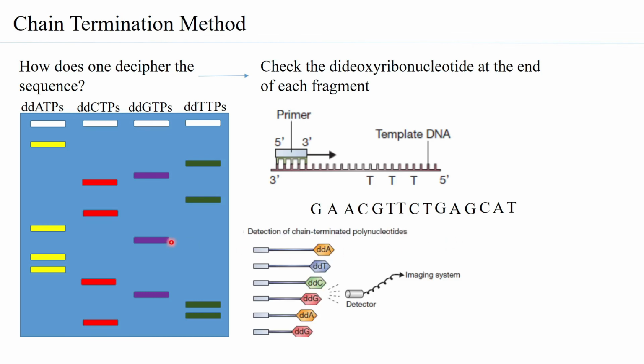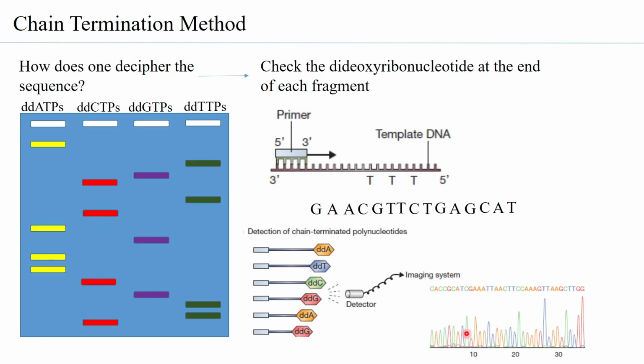Now, when one uses an automated system like mentioned, each of the dideoxyribonucleotides can be attached to a fluorescent tag. For example, A is orange, T is blue, G is green, and C is red, and these fluorescent molecules are detected in an imaging system.